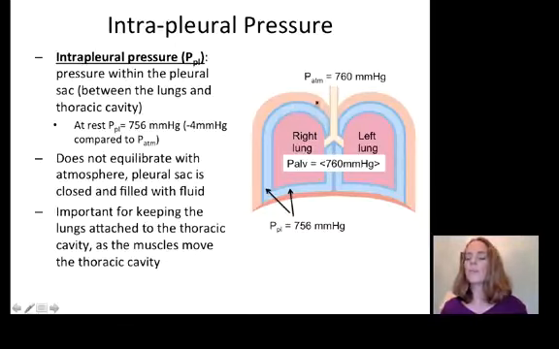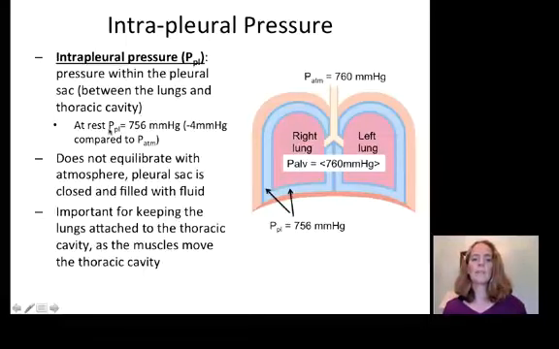It is not open to the air, and it maintains a pressure that is around 756 millimeters of mercury. So at rest, this pleural space, which contains fluid, is going to be 4 millimeters of mercury less than the pressure of the atmosphere.